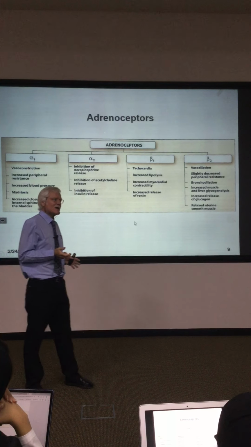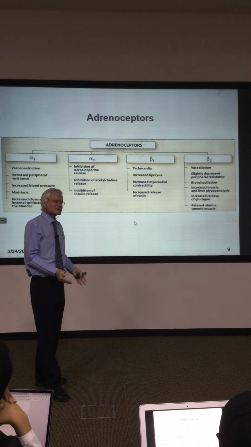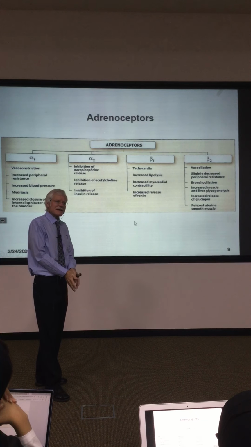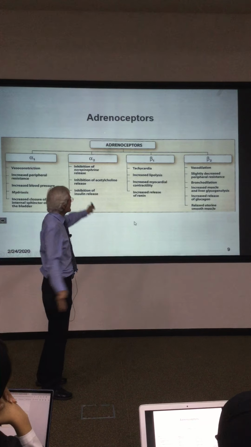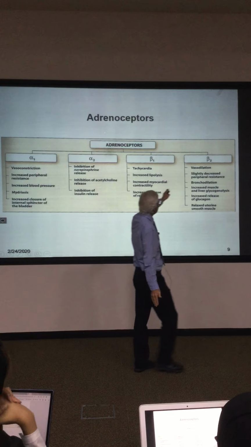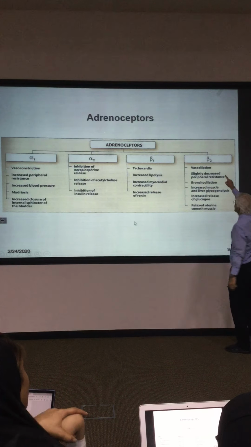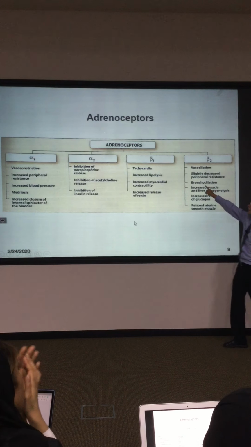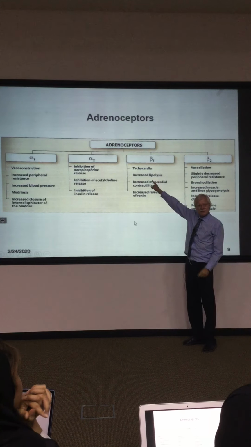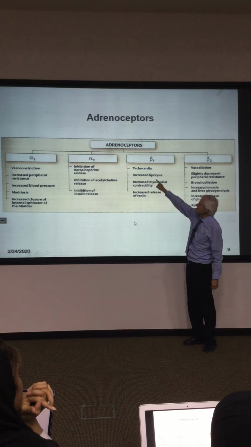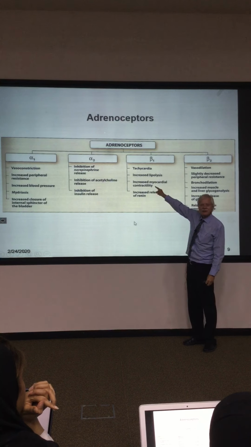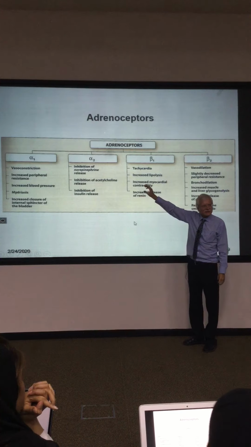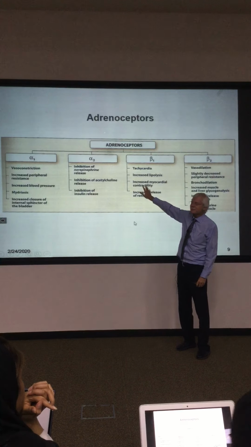On the other hand, we know that when we run, our skeletal muscle, the blood vessels there, need to dilate, don't they? So we might look across here, we might say, oh, look at this. Beta 2, vasodilation. Okay? Beta 1, we've talked about, haven't we? We know that it produces tachycardia and increased contractility. So that's an example, we know that.